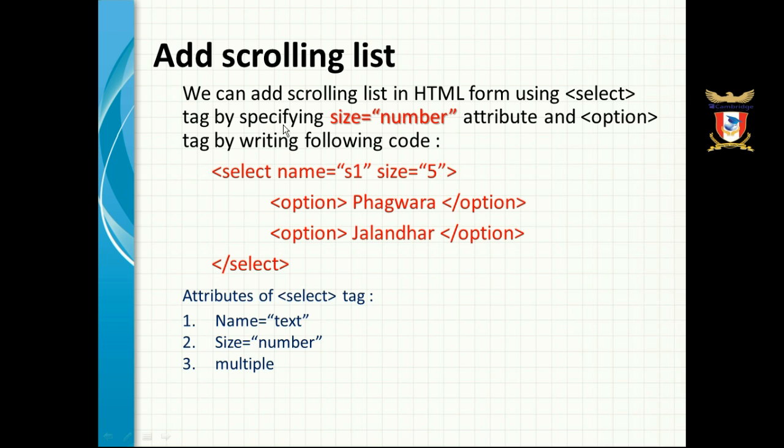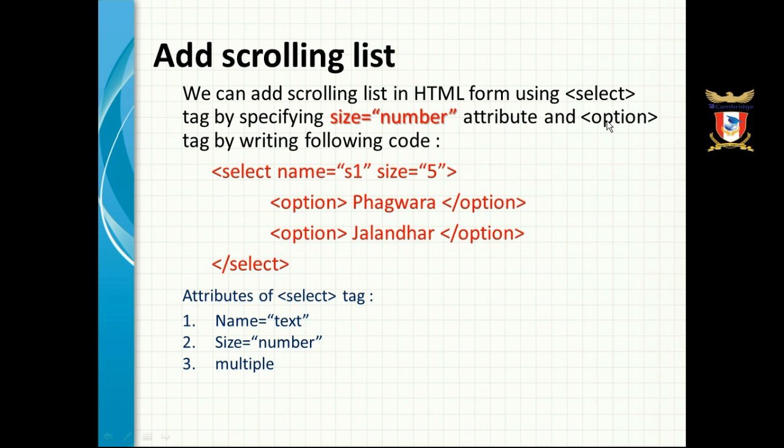We can add a scrolling list in an HTML form using the select tag by specifying size equals to number, that means the number of visible items at a time. So if you want to convert a combo box or a drop down list into a scrolling list, you have to specify the size attribute as an extra attribute.